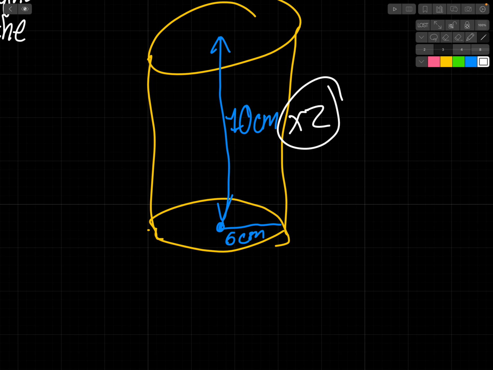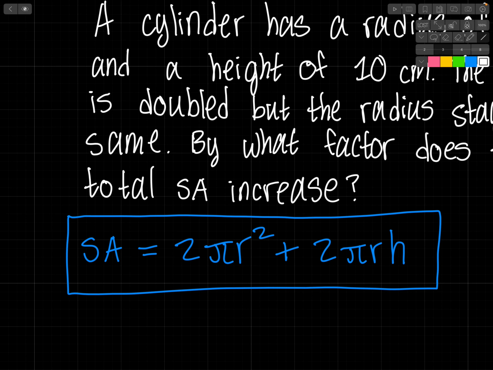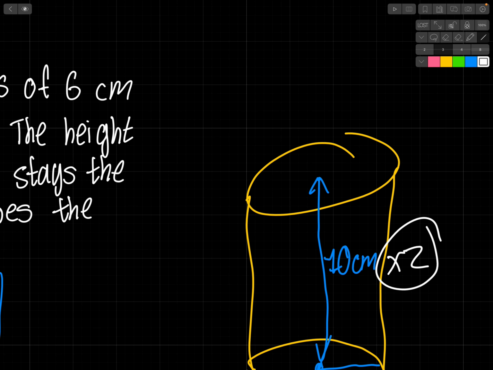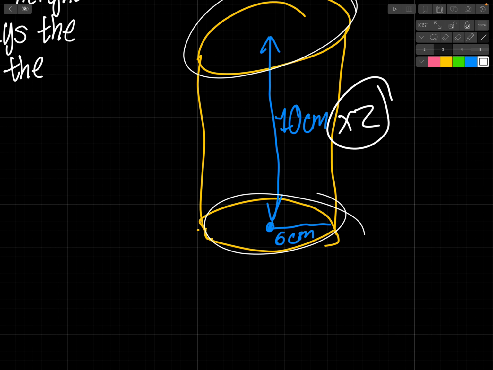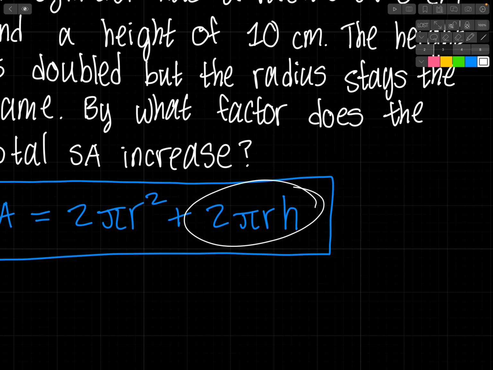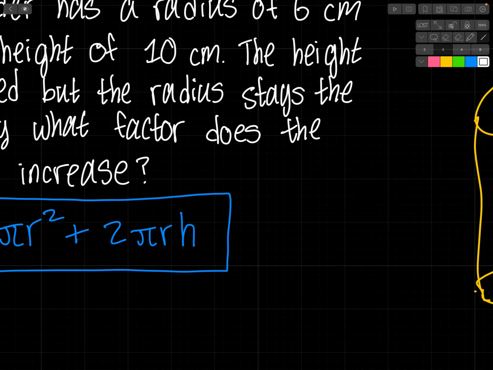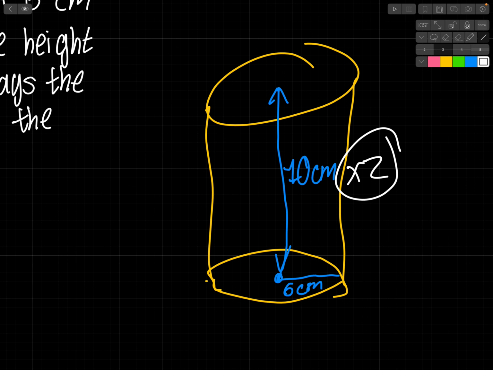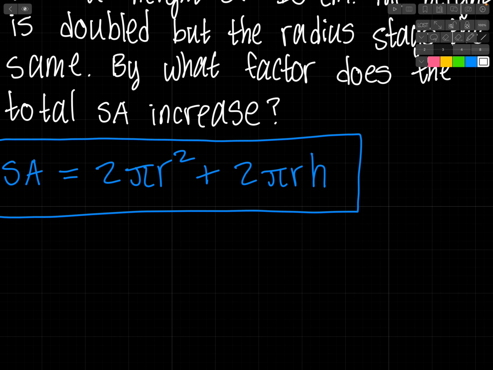These are the 2 circles. And then the 2 pi r h is talking about this body, the thing that's being wrapped around those 2 circles.